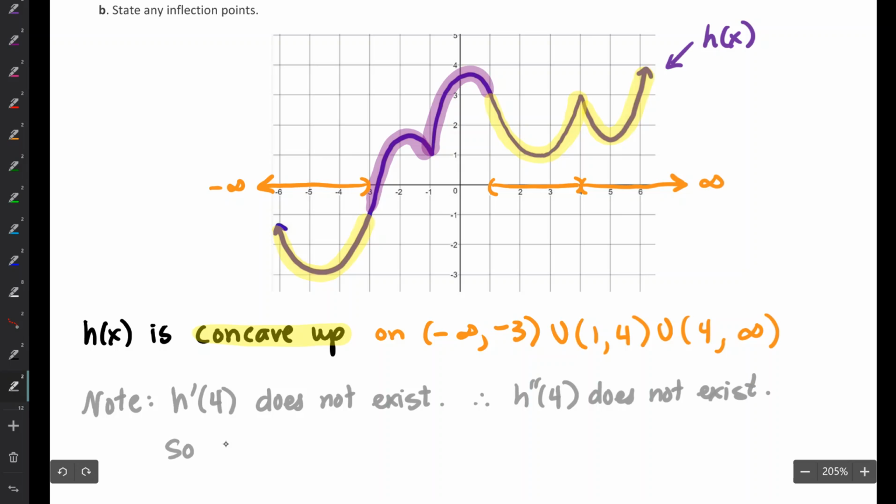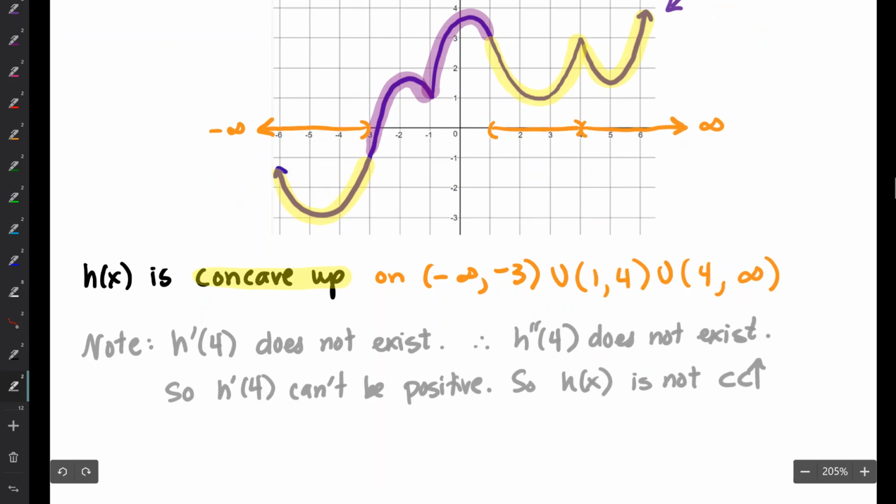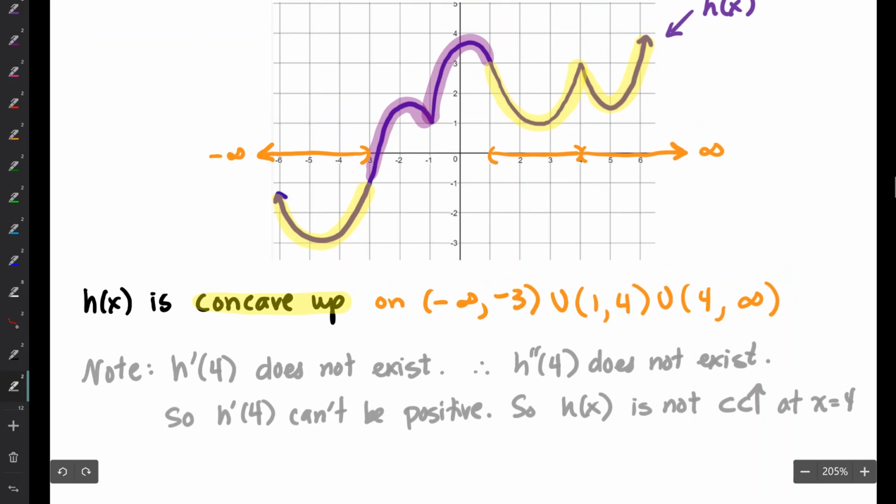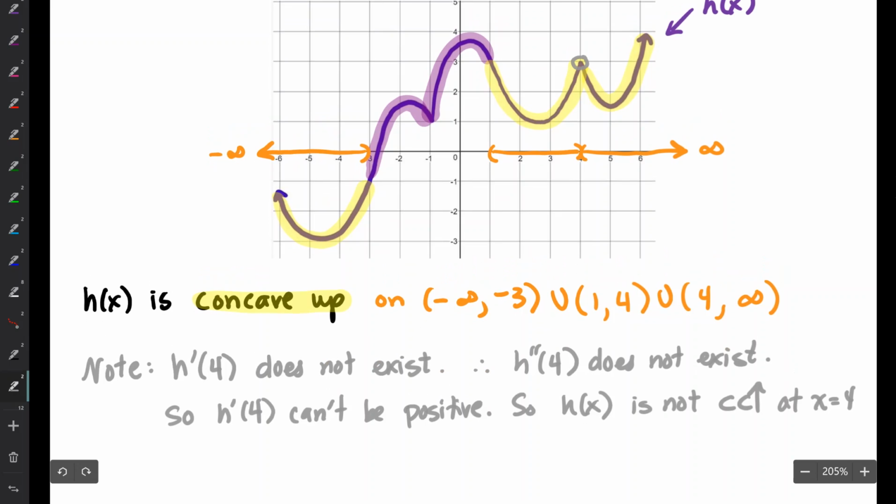Why am I mentioning this? So h prime of 4, if it doesn't exist, can't be positive. So what? So h is not concave up at x equals 4. And I'm going to do CC up for concave up right here on this little note.